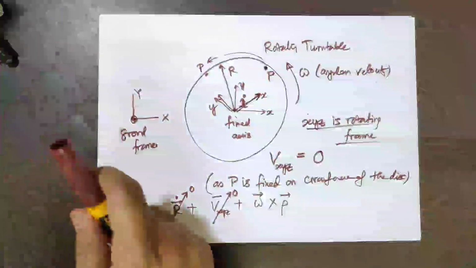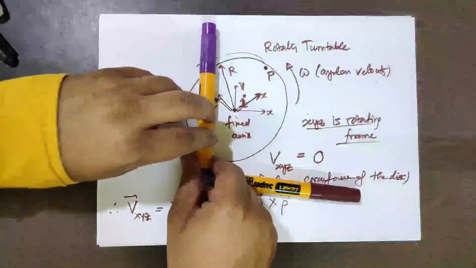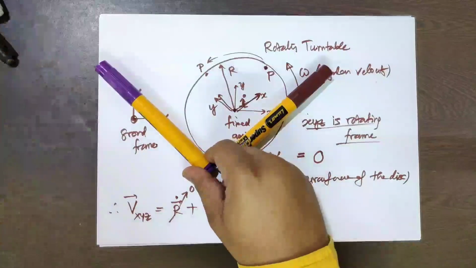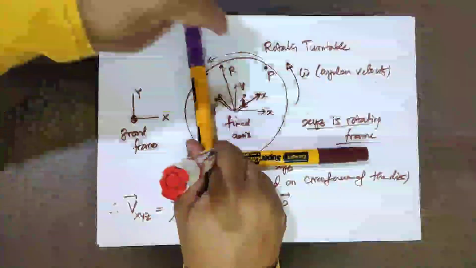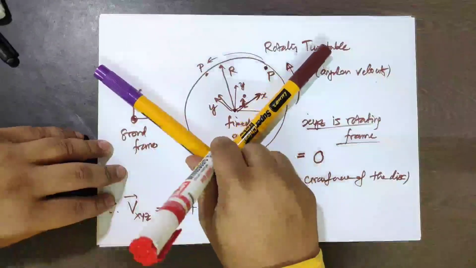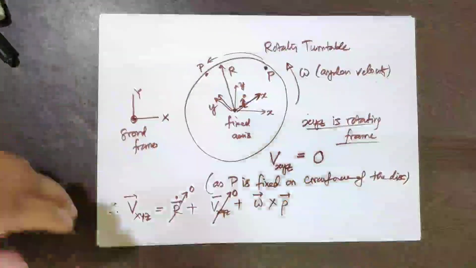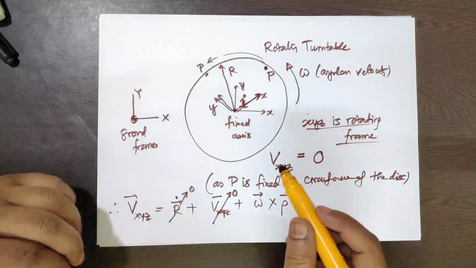That means this is a pair of axes on the rotating turntable, and as the table rotates, these small x, small y, small z axes also rotate. So from the turntable you see it's static. Okay, so omega cross rho.